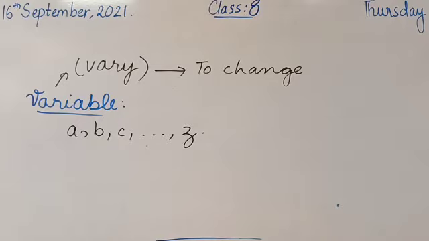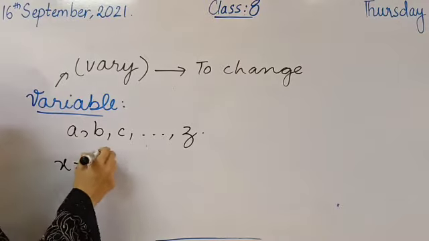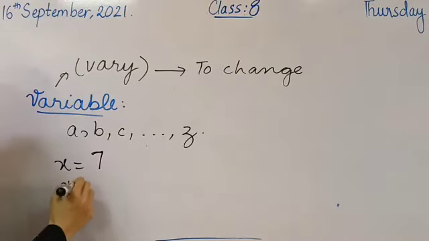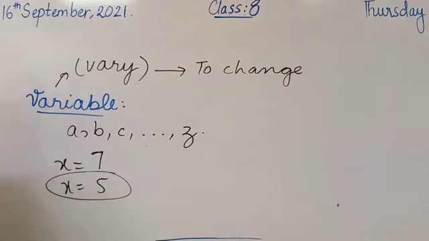Okay, a quantity whose value we do not know, and it will change according to the conditions. For example, in one question the value of x will be 7, in the second question the value of x will be 5. So it will vary according to the conditions. A variable is a symbol, usually a letter.